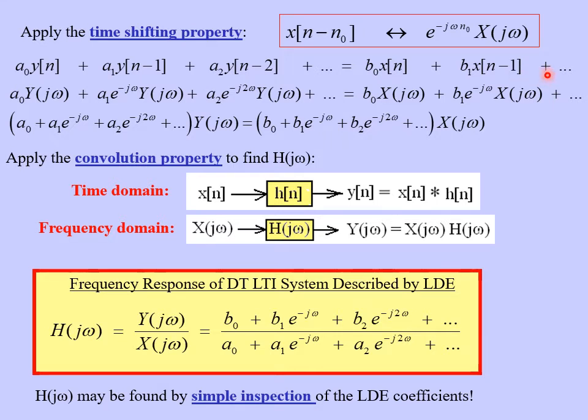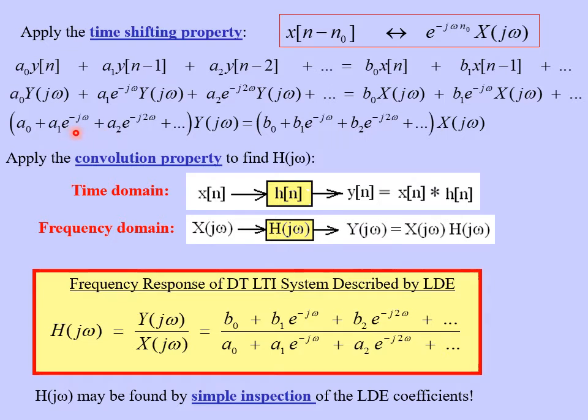So what we can do next is notice that all these terms on the left side have a y of j omega. There's one here, there's one here, and there's one here. So we could factor that out, and that's what I've done here. And what's left in the parentheses here are the coefficients, the a naught, a1, a2, etc., and the delay terms.